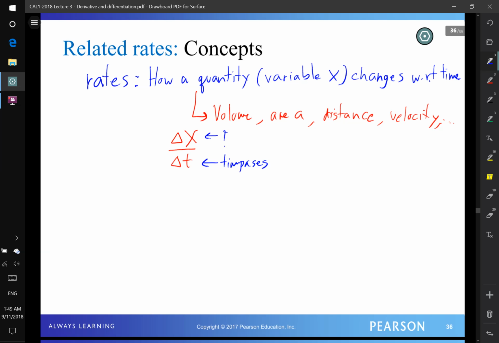But when we look at a certain moment, at a certain point, we are going to look at this as dx by dt. This is also change, but it's instantaneous change. Same thing. This is a long-term rate, and this is just at that moment, instantaneous.